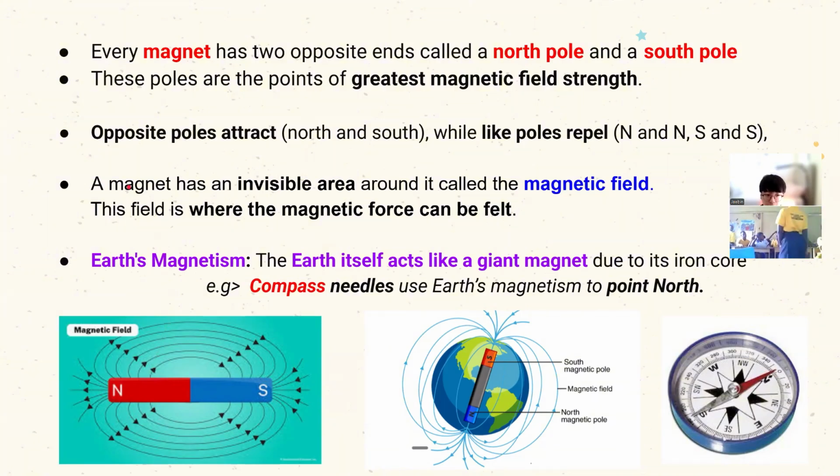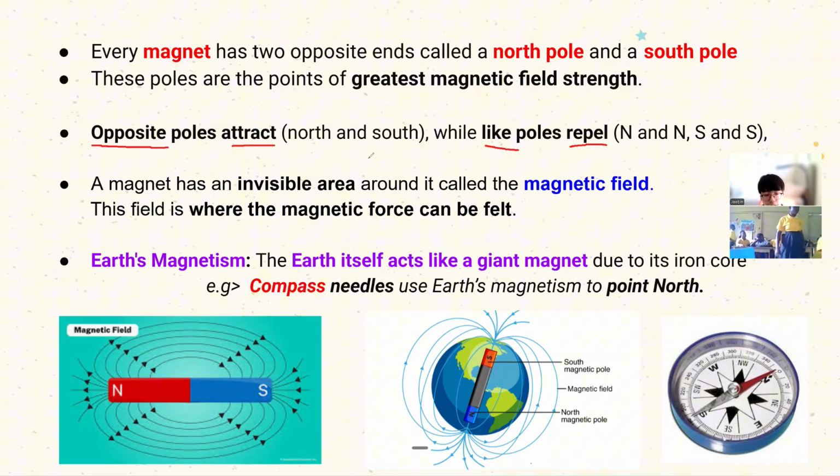And in a magnet, opposite poles attract, while like poles repel. So always think of opposites. Opposites attract, and likes repel. This is always something that you should keep in mind.